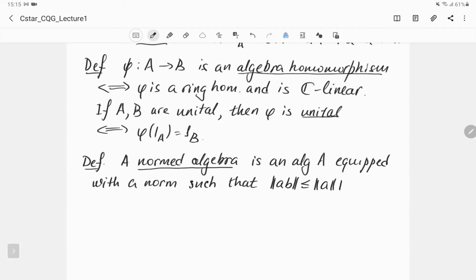The norm of the product is less than or equal to the product of the norms. In this case, we say that the norm is submultiplicative.